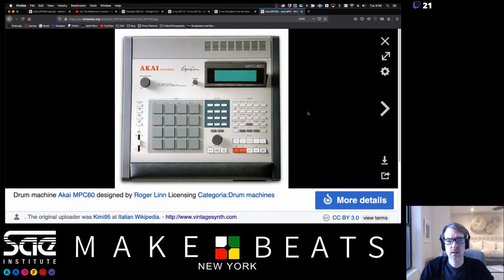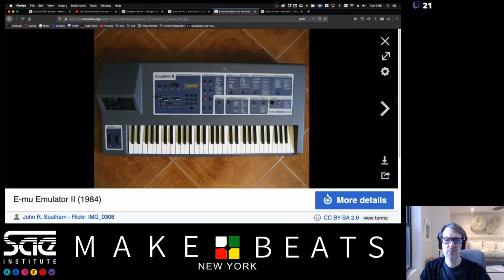But Roger Linn worked with Akai to make this MPC, and what he did was he made the design of it and probably made some samples and stuff for it, but he really made the design of the machine. You've got these pads here like this, and this is why it became so famous, because this was really, really playable. It was quite easy to play the Akai MPC 60, very different from banging on a normal keyboard like this.